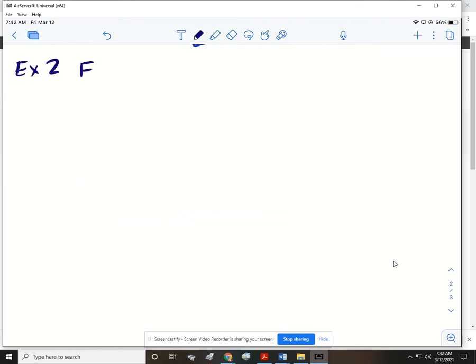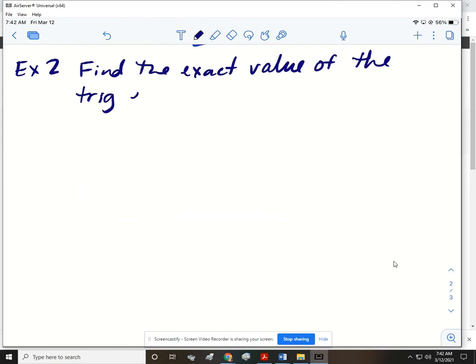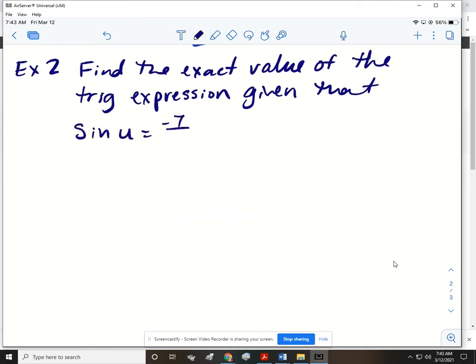So for example 2, we're going to find the exact value of the trig expression given that the sine of u is -7/25.